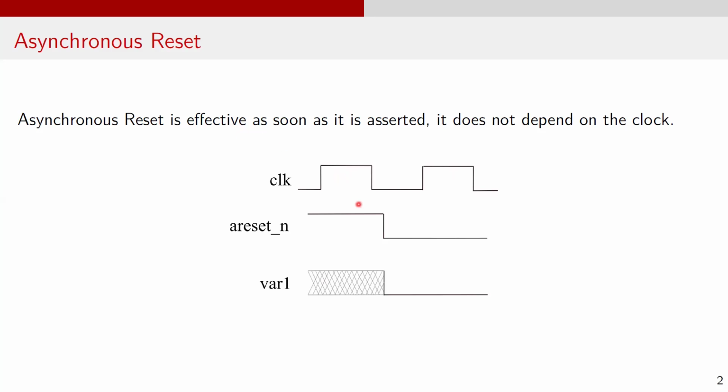As shown in the waveforms here, as soon as the asynchronous reset signal reset_n goes low, variable var1 is set to value 0. Asynchronous reset signals are less common in designs because glitches on the reset line can trigger spurious resets, potentially causing metastability issues within the circuit.